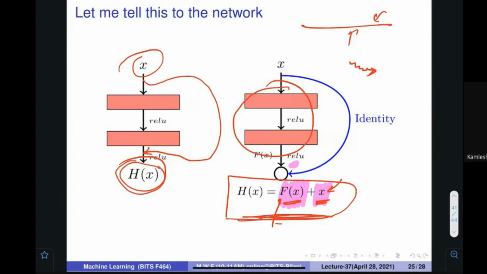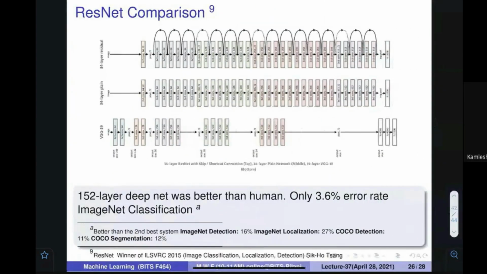Earlier I needed 1, 0.9 was not working, any other value was not working, only 1 was working. But if you write the equation like this, then nearby values are also getting better, and therefore you can find out the gradient in this particular way, and you can slide and find the appropriate value.